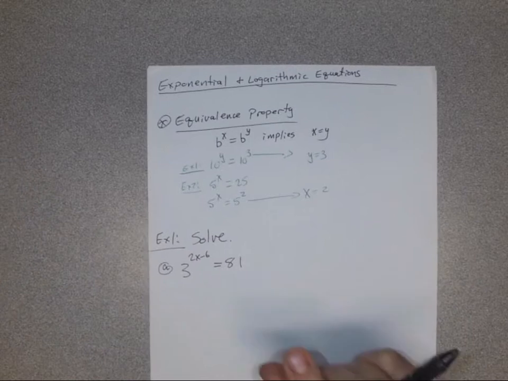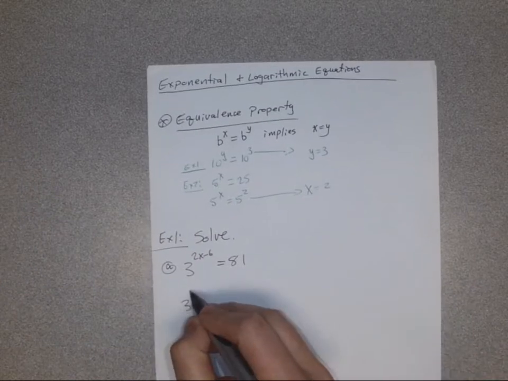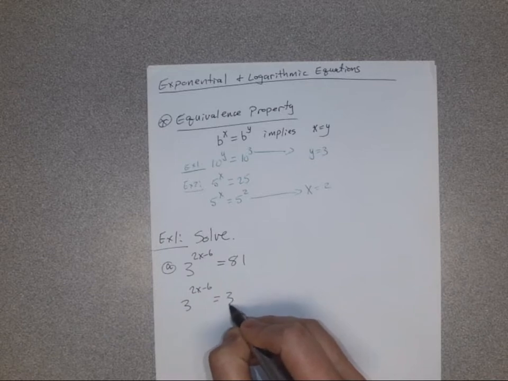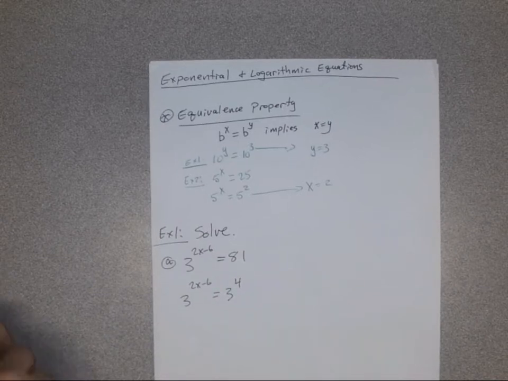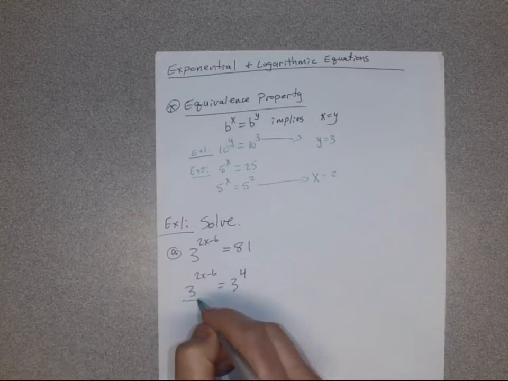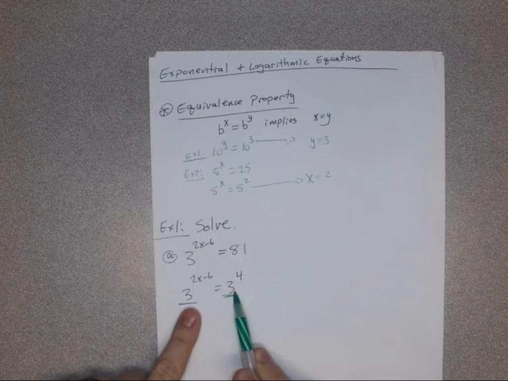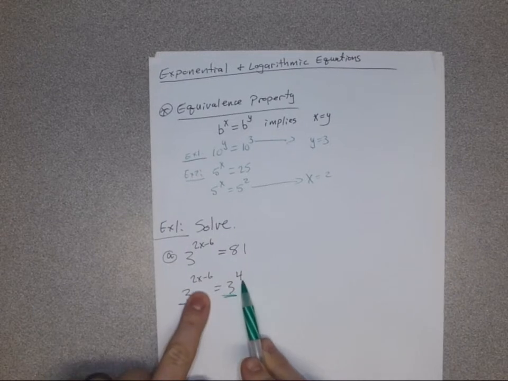In this case, we can do that. It's 3 raised to the 2x minus 6 is equal to 3 to the 4th power. That is great news because since we made our bases the same, that means we can set our exponents equal to each other.